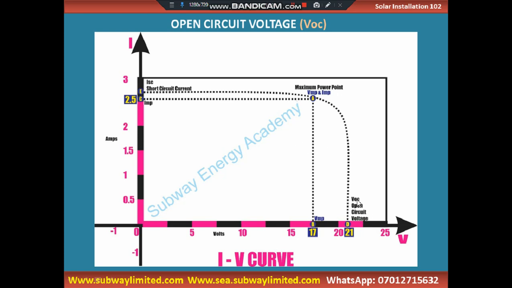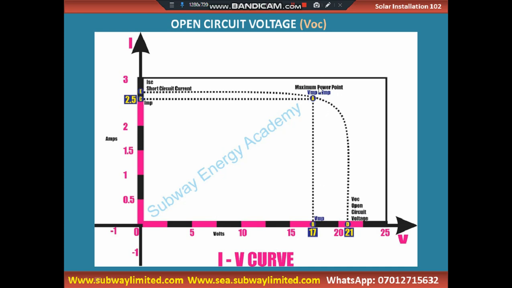We are going to consider open circuit voltage. We will take a look at the solar nameplate so that you see whether the voltage at maximum power is less than the open circuit voltage.